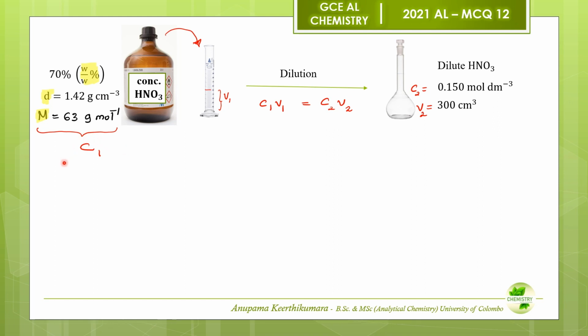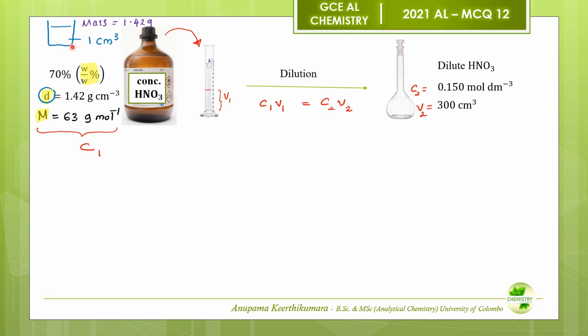First, we will calculate the concentration of this conc nitric acid, C1. We will start with density. Density equals 1.42 grams per cubic centimeter. That means the mass of 1 cubic centimeter of this solution is 1.42 grams.